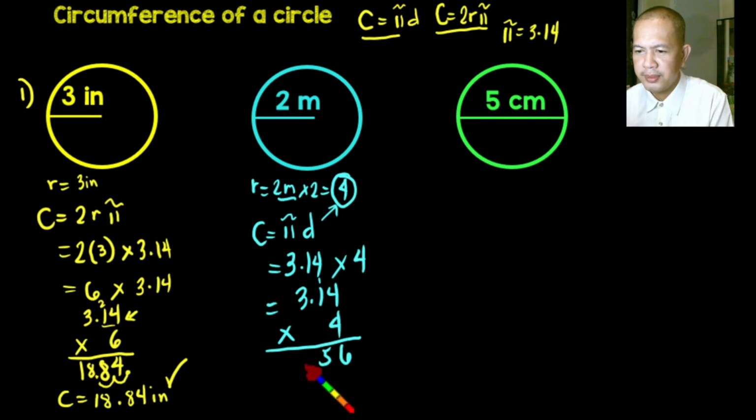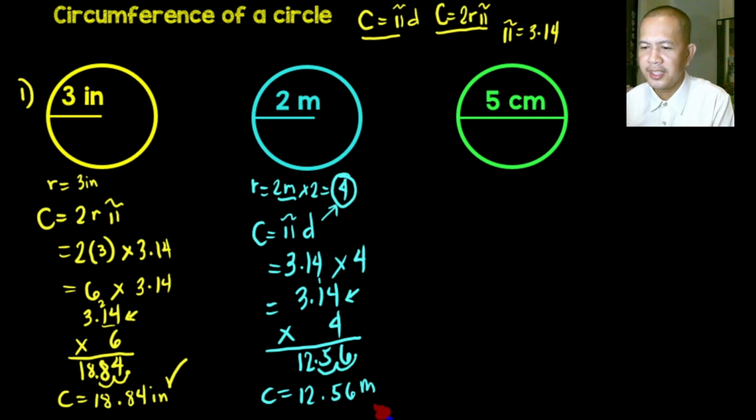And 4 times 3 is 12. Counting again the decimal places in our factor, we have 2 decimal places. Therefore, we move 2 decimal places in our product. So our circumference here is 12.56 meters. That is for question number 2.